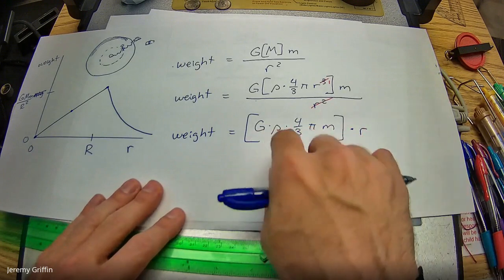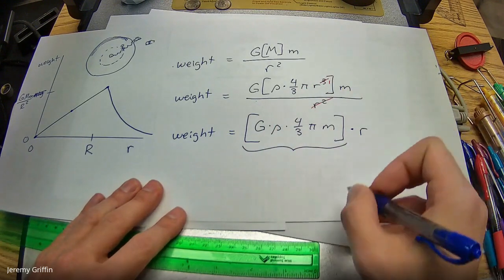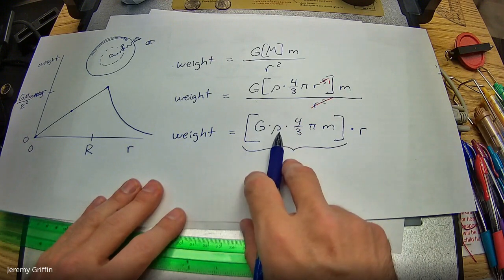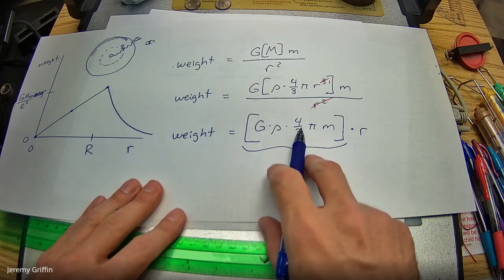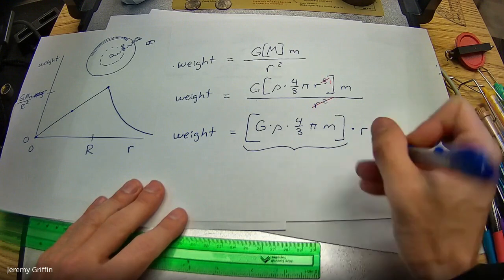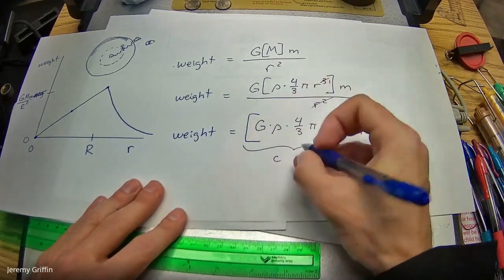And the reason I'm writing it that way, I swapped this m and r, is because all the stuff in brackets, well, let's see, universal gravity constant, we got some density, we got 4/3 pi. Aren't those all constants? And if your mass is also constant, this whole expression, everything in the bracket part, is constant.